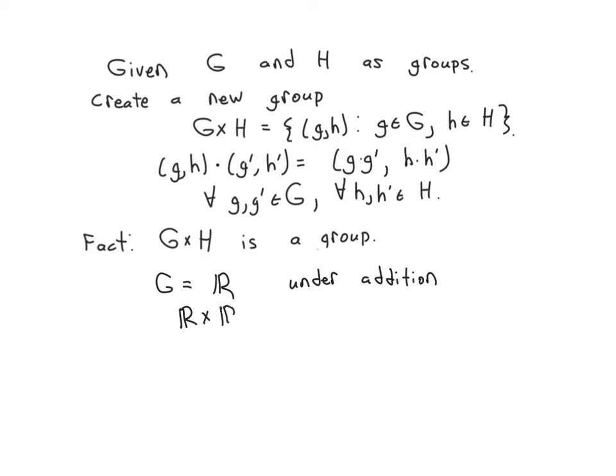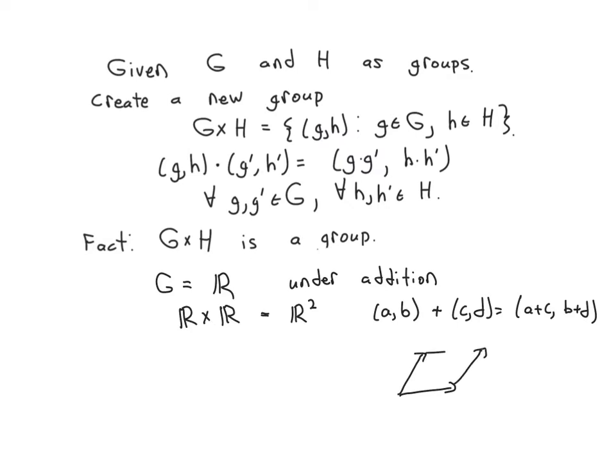And you look at R times R, and they usually call this R squared. And so the group operation is addition, and you're looking at pointwise addition. This is vector addition, which is often described with a drawing and the parallelogram law.